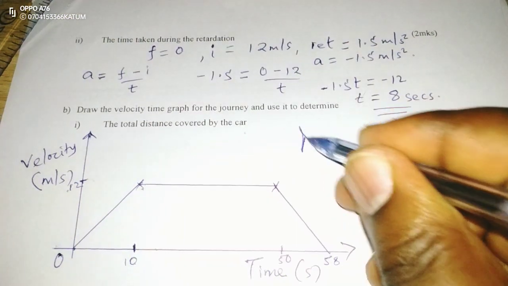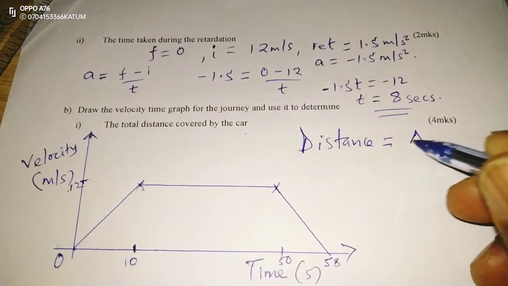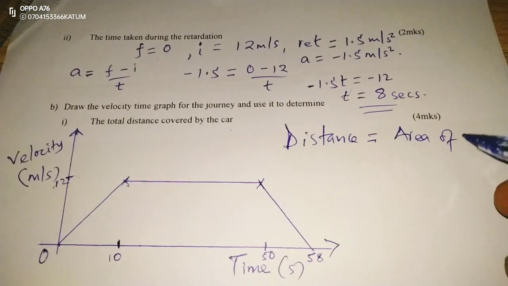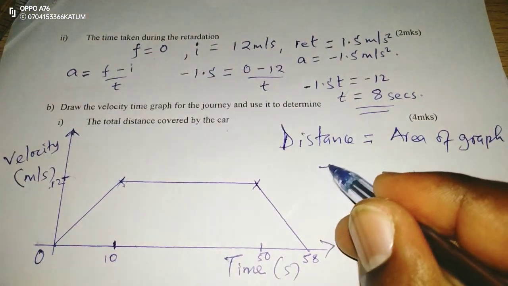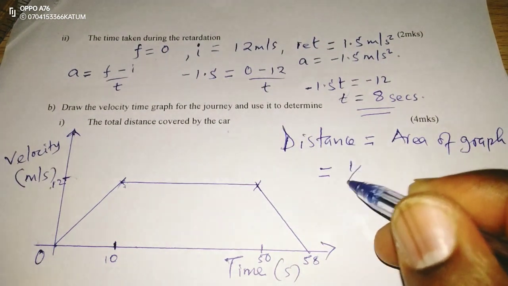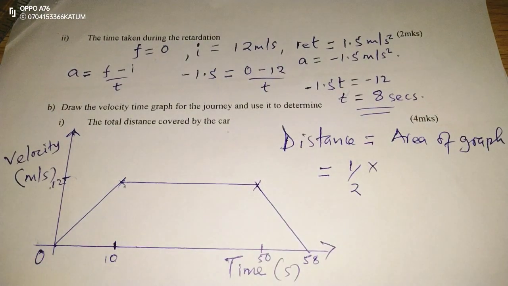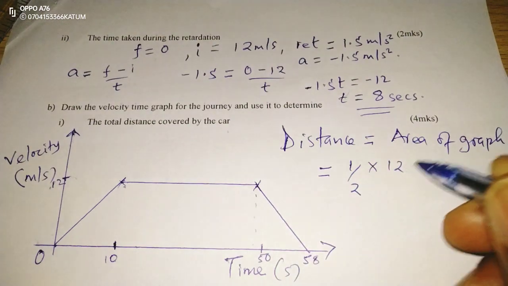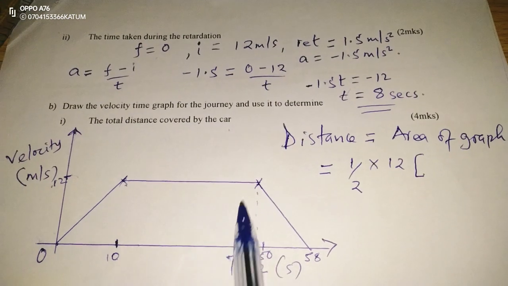It should be known that distance traveled is usually given by the area of the graph in a velocity time graph. So the area of the graph is taking a trapezium shape. So we shall have half times the height of this trapezium shape. The height is 12. Then we multiply by the sum of the two parallel sides in the trapezium.